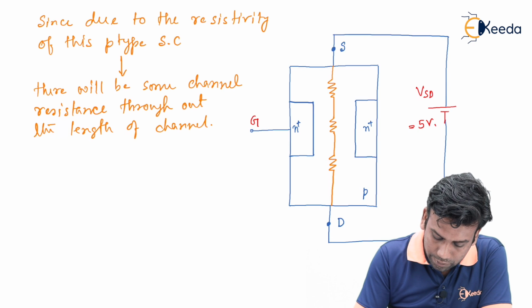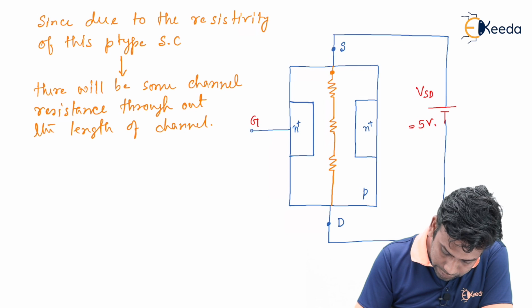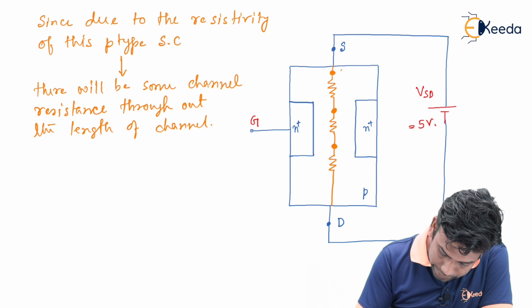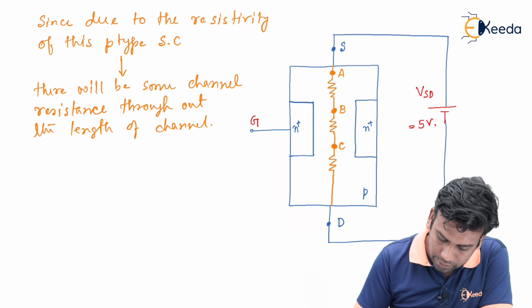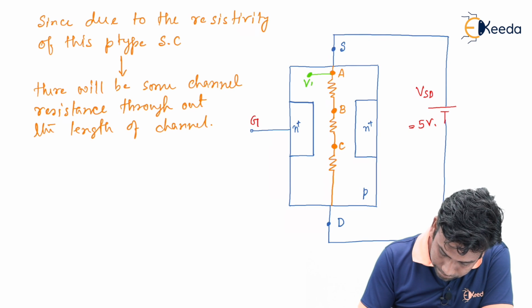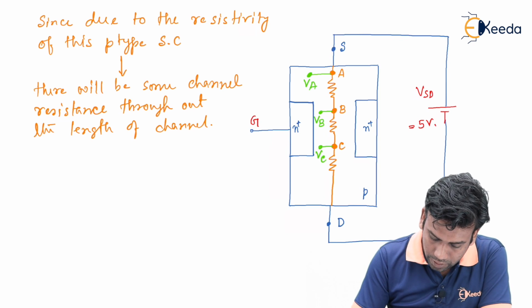Now if we look at the voltages at different points throughout the channel, let us name these points A, B and C. The voltage at this point is VA, the voltage at point B is VB, and the voltage at point C is VC.